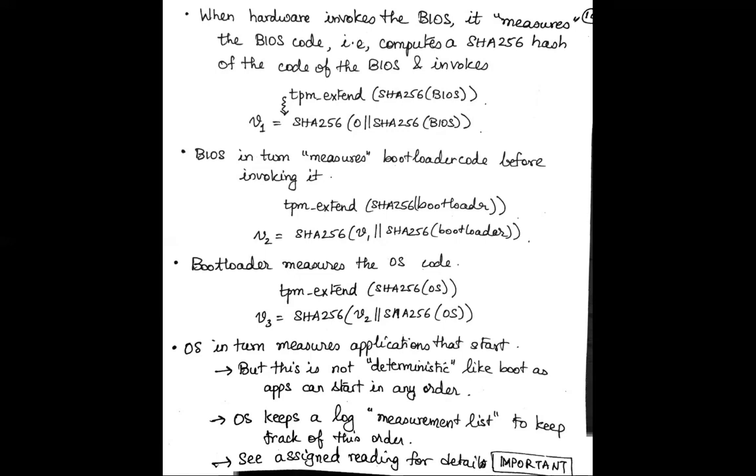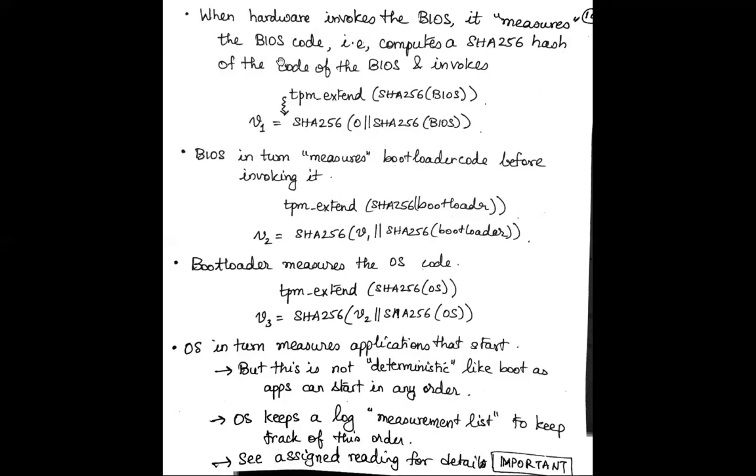So it says, look, this is the code that I'm going to be executing. Before I execute it, I'll take a SHA-256 hash of all of the code. Okay, and the hardware invokes Tpm Extend of SHA-256 of BIOS, right? Whatever it measured just now of the BIOS, it's going to invoke Tpm Extend with that. So remember, the PCR register starts with a value 0 when the machine is booted.